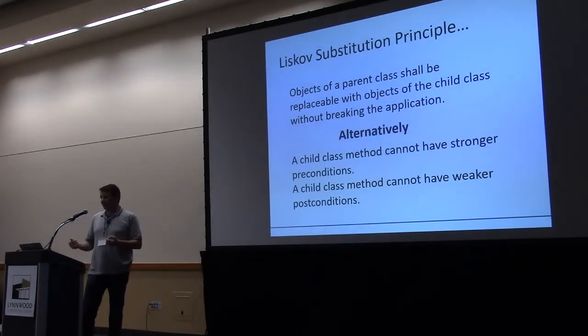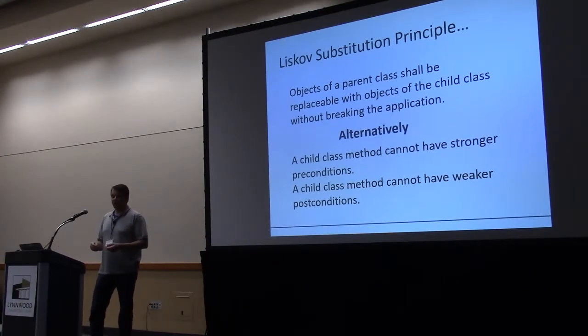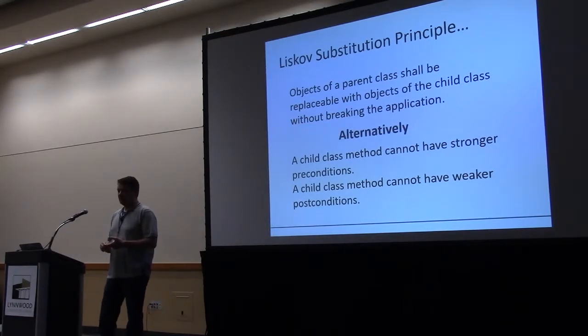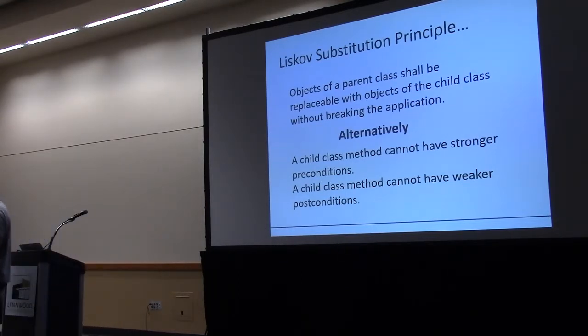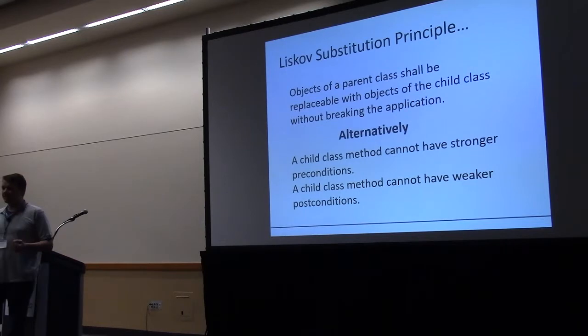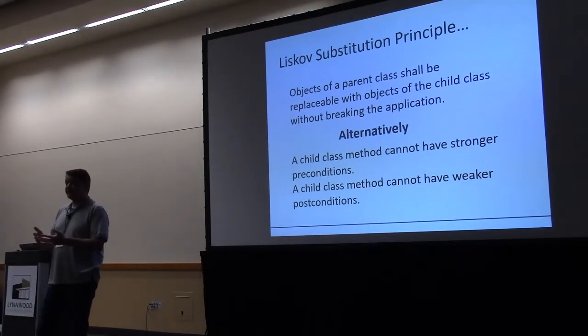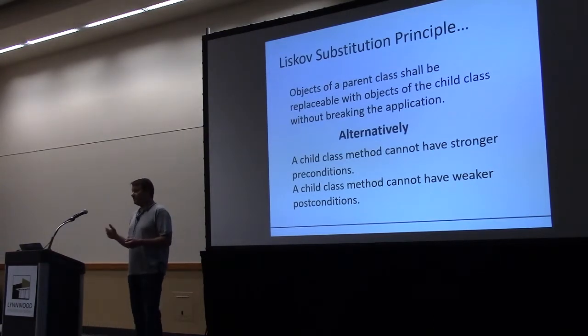Another way of thinking about it is a child class method cannot have stronger preconditions, and a child class method cannot have weaker postconditions. So let me just talk about preconditions and postconditions for a second. Let's say I have a method that takes the absolute value of a number. A postcondition of that method, an implied postcondition, is that the output value is going to be 0 or greater. It's never going to be a negative number.